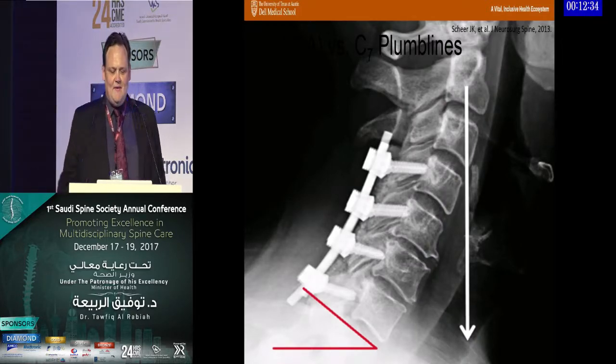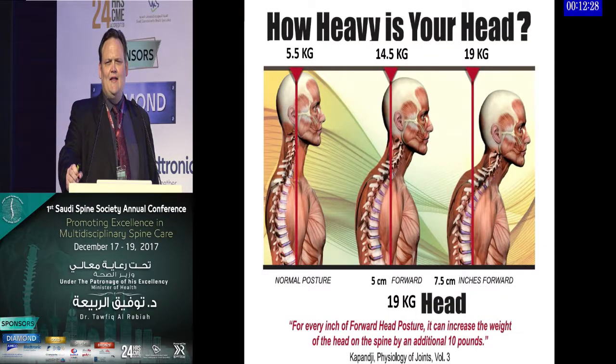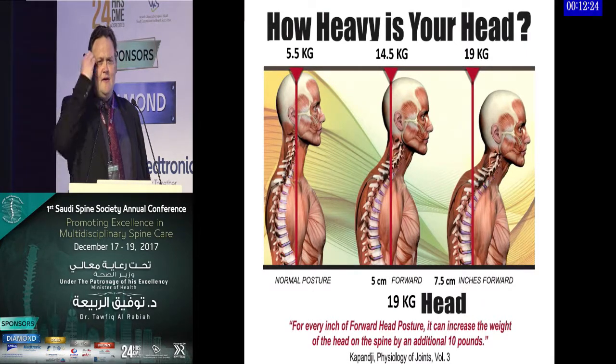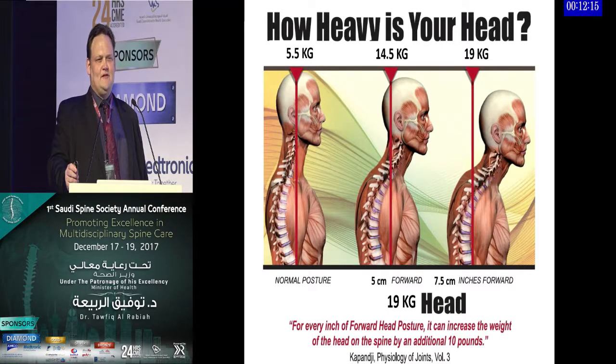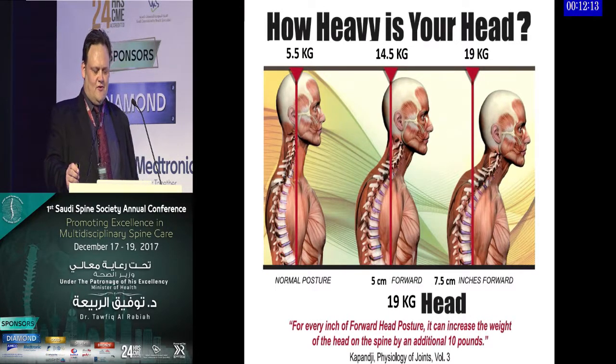Dr. Wang talked a lot about alignment issues and the C2 plumb line or sagittal vertical axis versus C7. I think this is important for us both in terms of workup, but also in terms of how we select our surgical solution to the problem, because as the head moves forward, that vector of loading force increases, sort of like the Leaning Tower of Pisa wants to lean more and faster the farther over it goes.